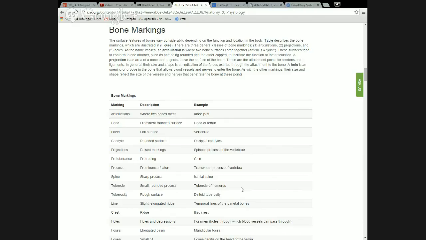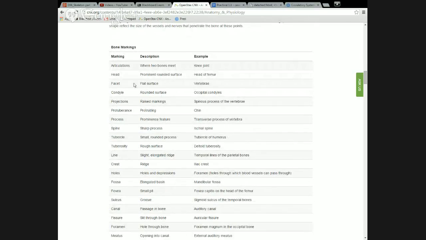And so we can see those kind of markings that really stick out. Or that's kind of a pun, I suppose, that really illustrate the different aspects of the bone. In this table here, it runs through a number of different names for types of markings, and their general name, and some examples of some that you might find.